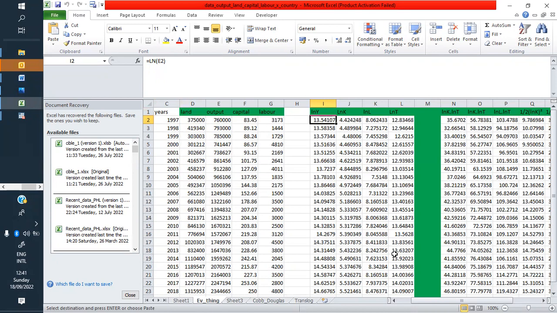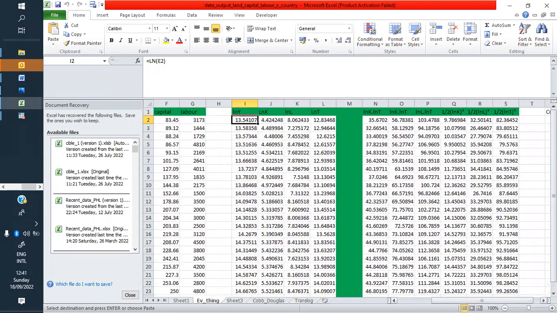How to linearize? We just need to apply the natural log on output, on inputs, and on the interactions: the first input times the natural log of the second input, the first input times the natural log of the third input, the third and second inputs, and then the half of all of them.